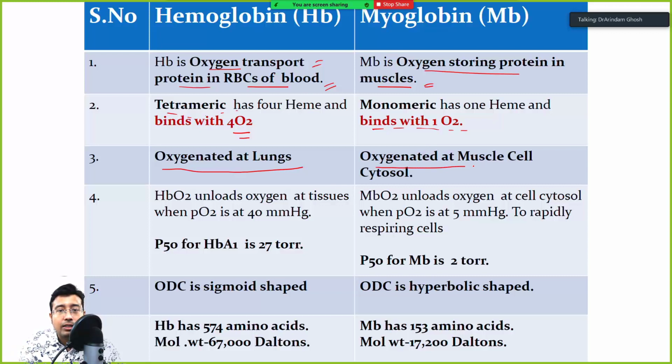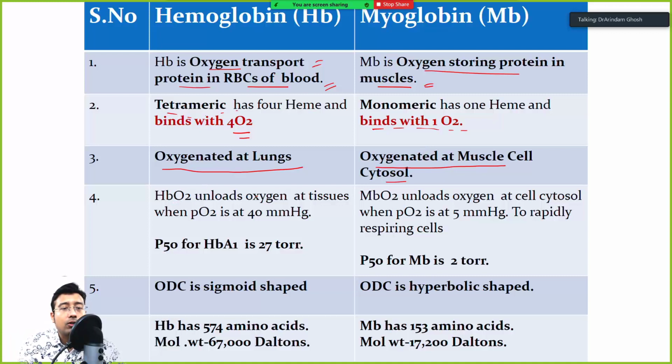Myoglobin is oxygenated at the muscle cell cytosol. Myoglobin is inside the muscle, okay? Over here, after supplying all the tissues, the blood is reaching, so oxygen tension is much lower compared to that of the lung, right? So myoglobin has to get oxygenated at a very low PO2 level.